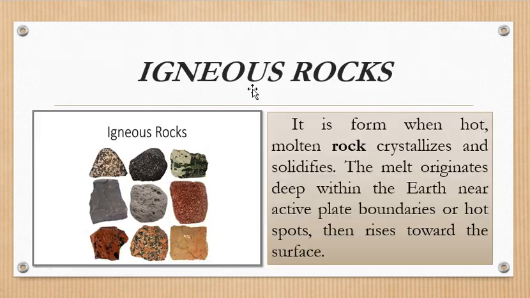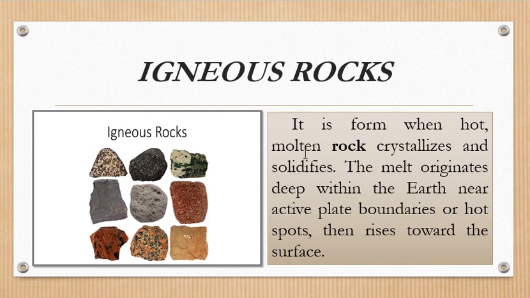Igneous rocks are formed when hot, molten rock crystallizes and solidifies. If we talk about hot and molten, it refers to the magma, or the lava. Magma is within the earth, inside the volcano.